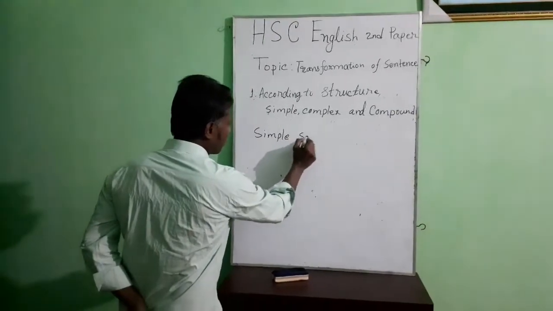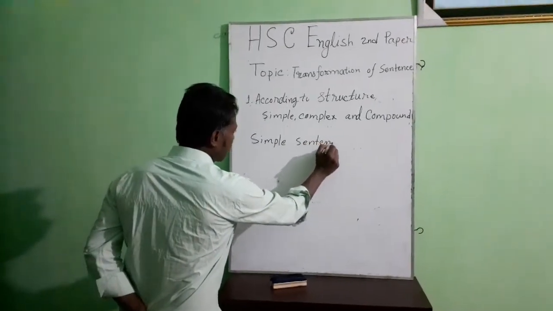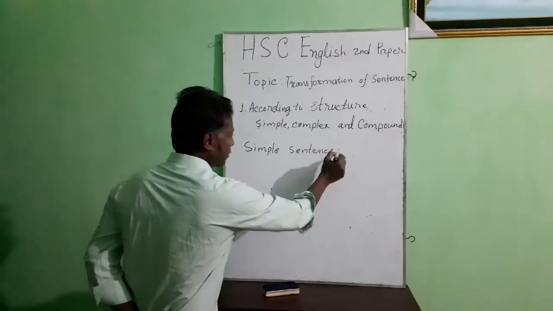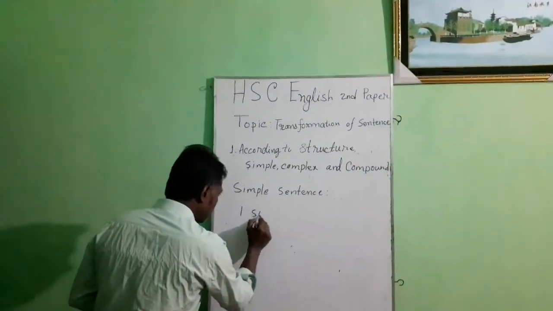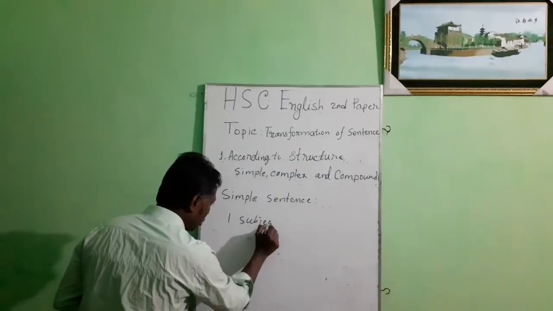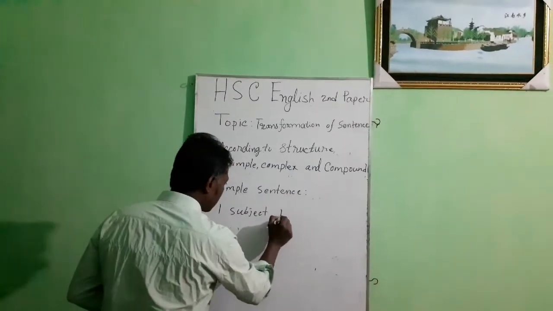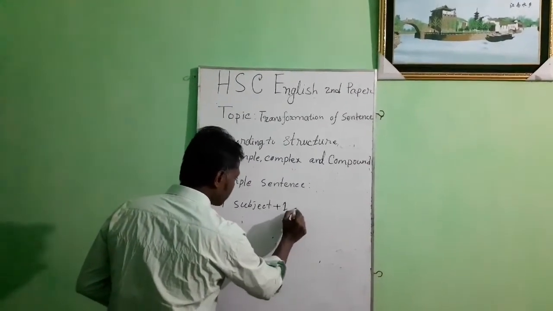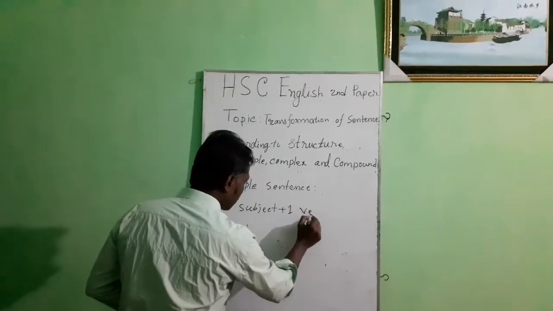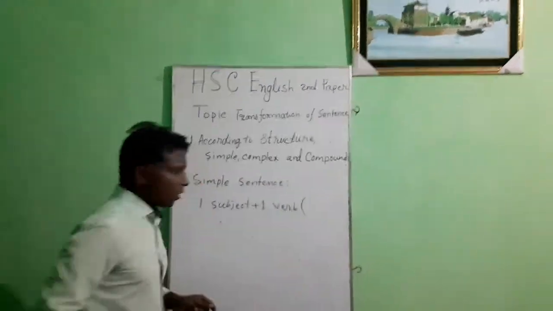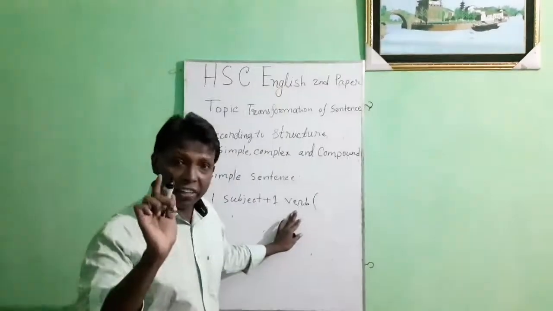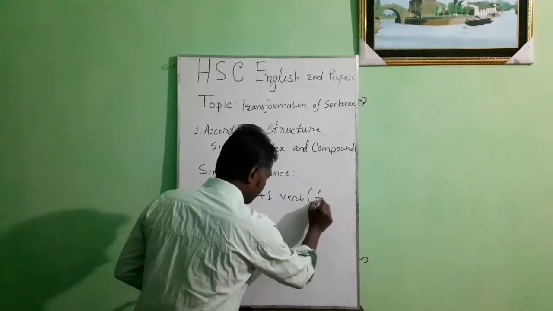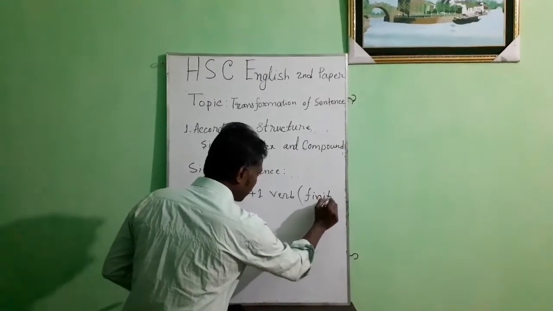Simple sentence means one subject, one verb. Clearly speaking, one verb means one finite verb.